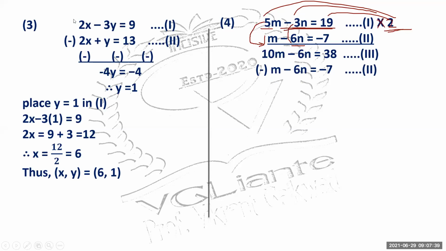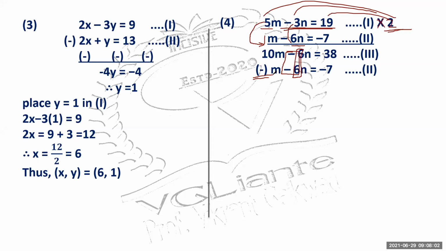Now what happens here is you will check the coefficients. The coefficients are same now, 6, 6. But what about their signs? Minus, minus. The signs are also same. So when the coefficients are same and their signs are same, you subtract the two equations.